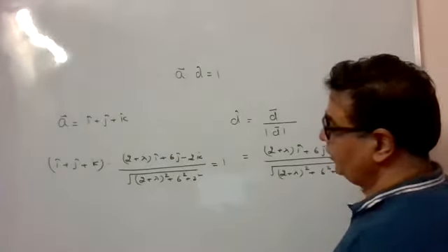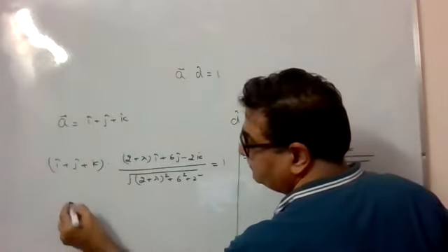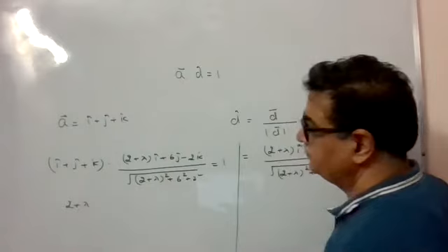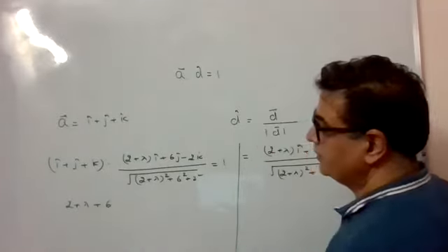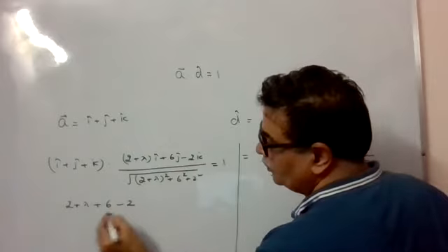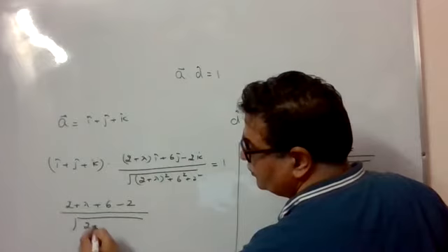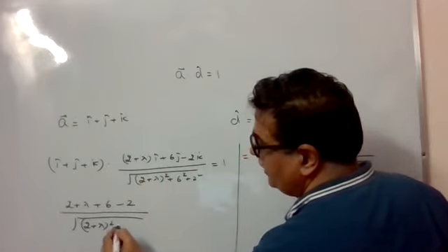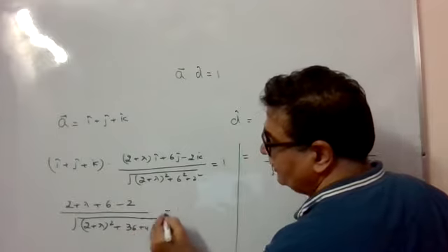Now when you solve it, what will it come? Just solve 2 plus lambda, then plus 6, then minus 2, whole divided by under root of (2 plus lambda) whole square plus 6 square is 36 plus 4, is coming 1.